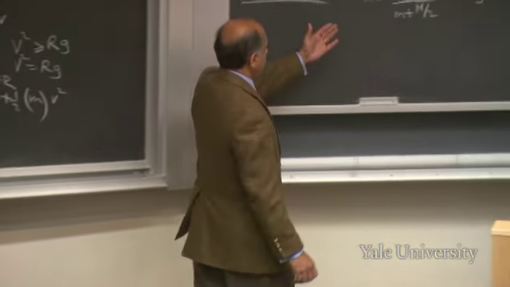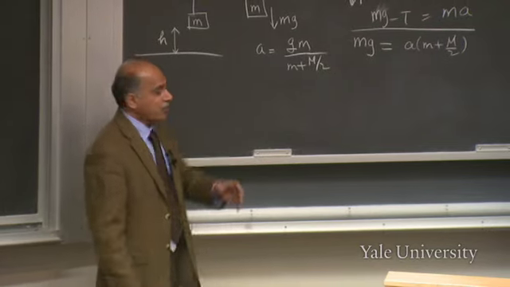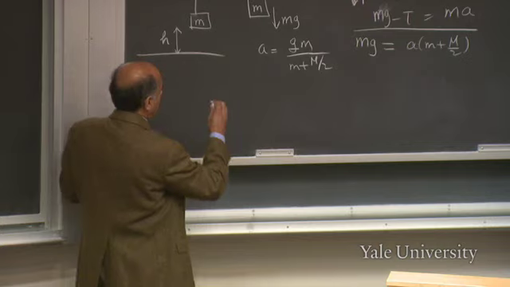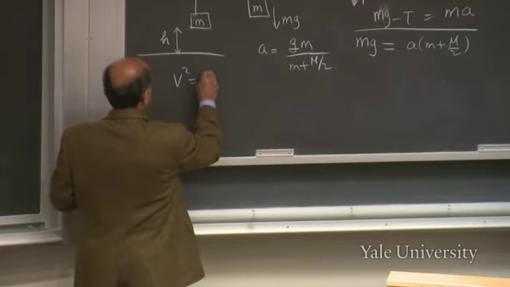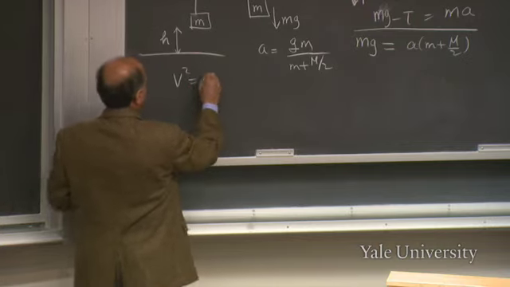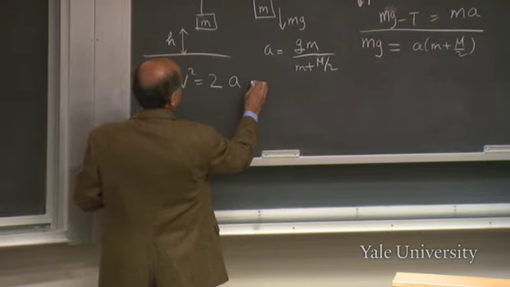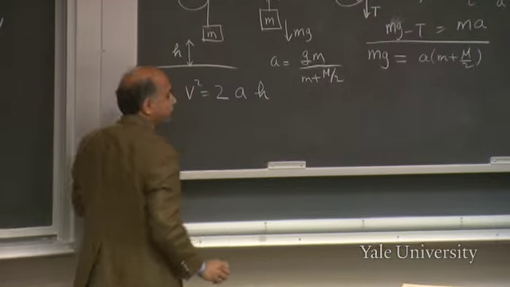So if A is constant, and a lot of you seem to agree A is constant, then you go back to lecture number 0. What did we find? V squared is V0 squared, which is 0, plus 2A times the distance traveled, which in our case would be h.